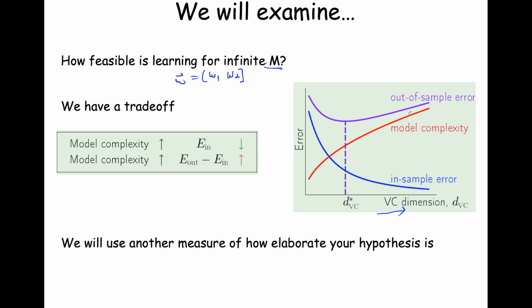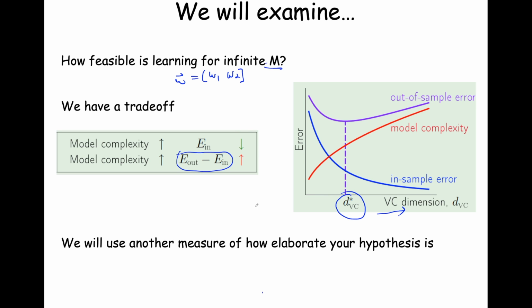And as model complexity goes up, there's going to be a point that we can find that strikes a balance, called the VC dimension. This VC dimension will give us a way to characterize a feasible learner in spite of our hypothesis set being of infinite size. We see that as model complexity increases, in-sample error decreases, but at some point, the difference between in-sample and out-of-sample error is going to increase.